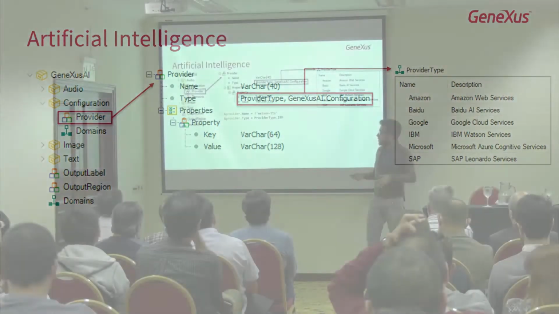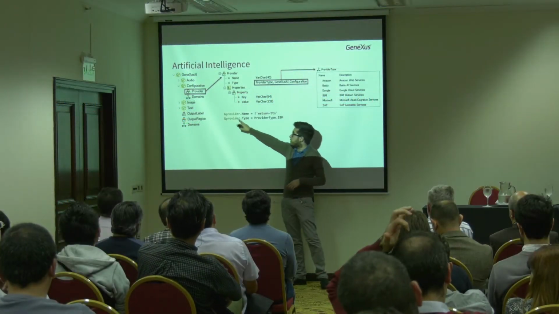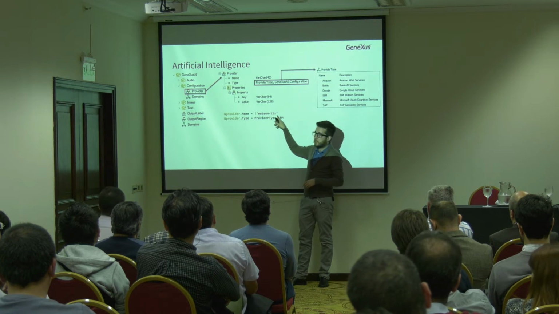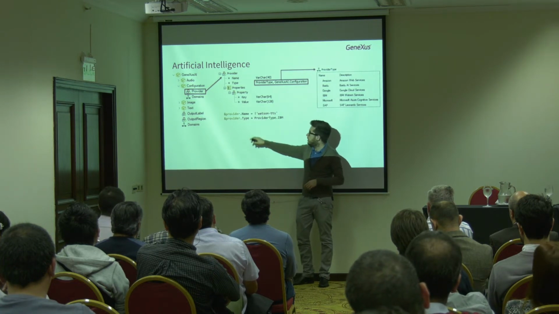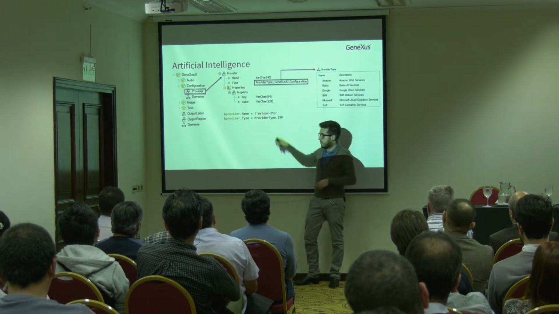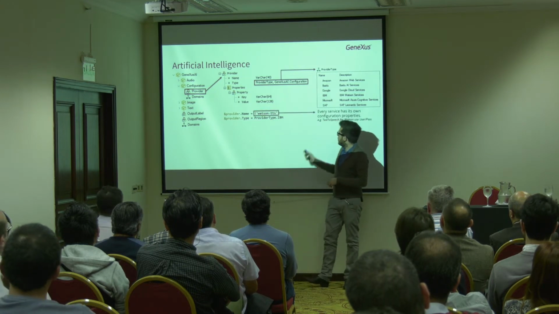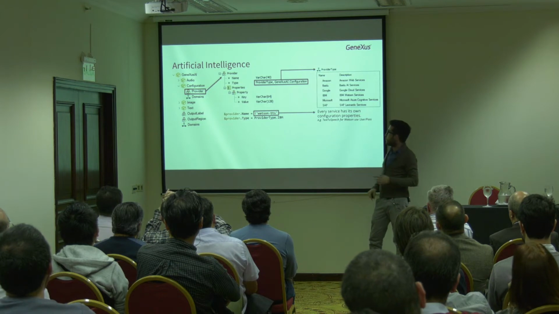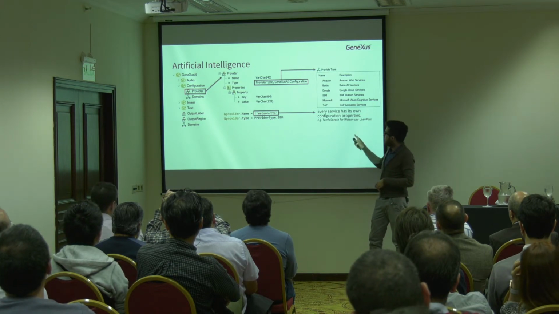And how do we program it? We have a provider. Here we set the name. We are going to use a text-to-speech. This is the Watson acronym, then provider type, in this case IBM, and this is very important. Each service has its own configuration of properties.